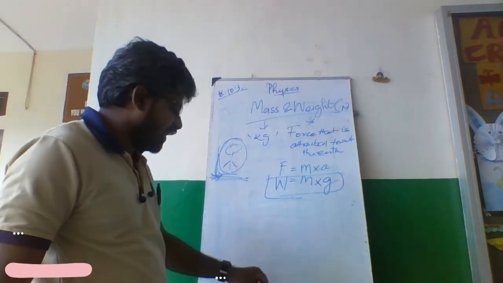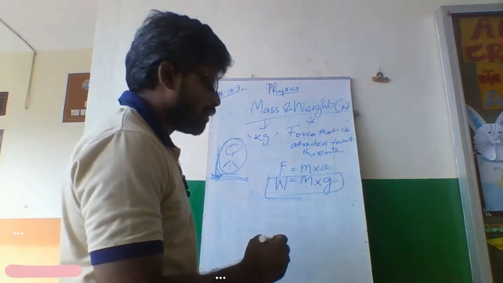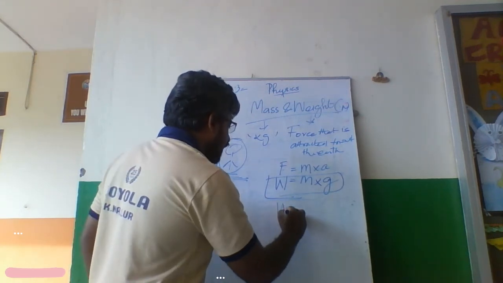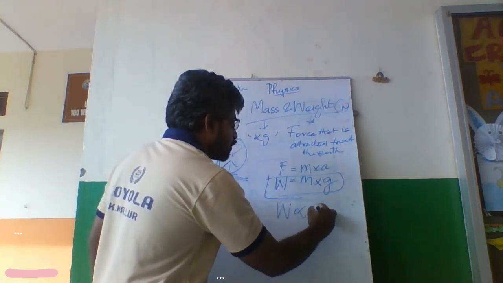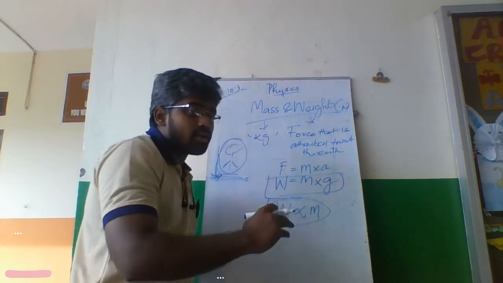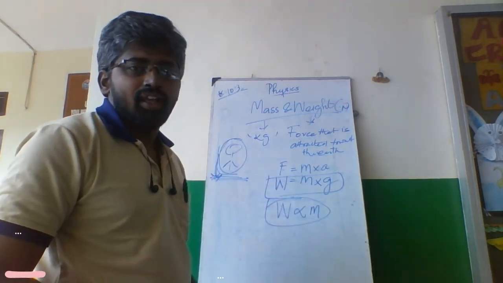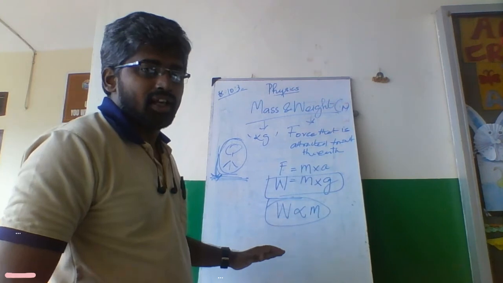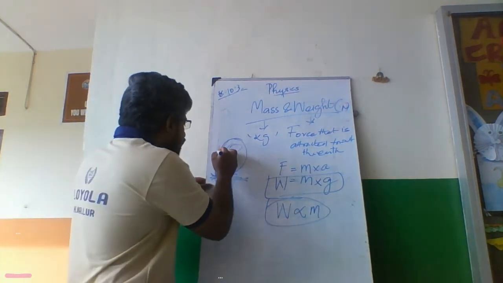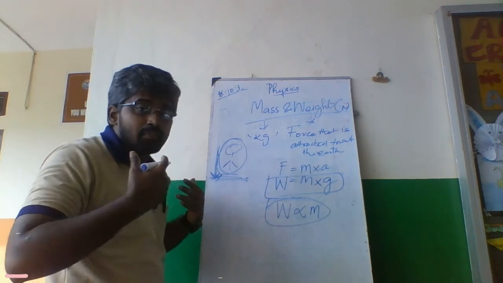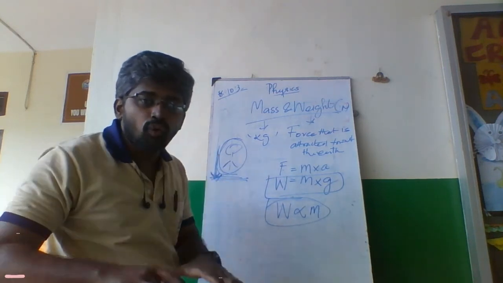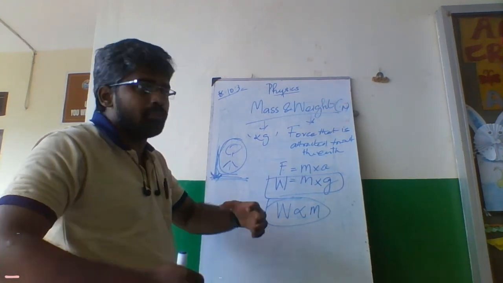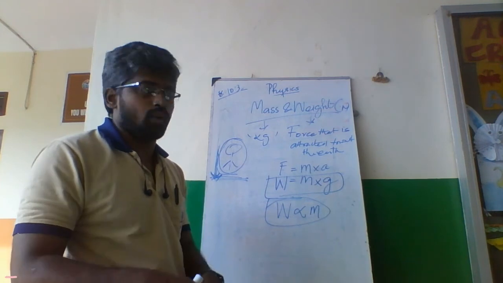So weight is not simply the mass, but weight is directly proportional to mass, and it is mass times acceleration due to gravity. So whenever the mass increases, the weight also increases. Weight is the vertical force. When I am standing here, I am applying a force on the earth. So my mass along with the acceleration due to gravity, because I am accelerating to the ground.